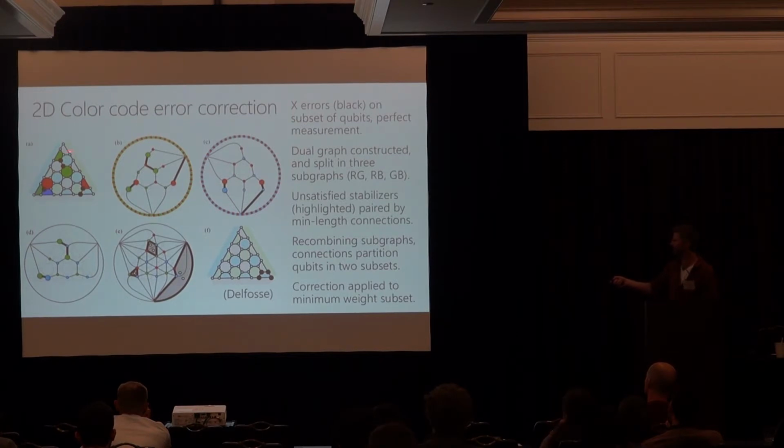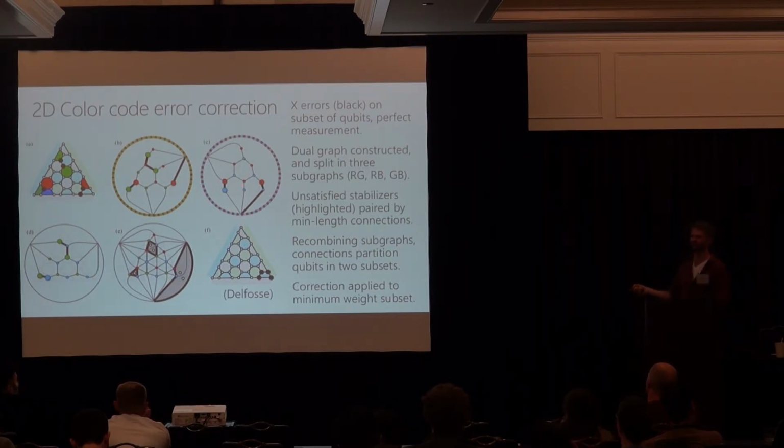So, okay, I'm lucky because Alex described the 2D noise-free decoder, so I'll very quickly just show pictures and say what's going on here. In this case, we start with a 2D color code, and we imagine these black dots are physical X-type errors, and the brighter colored faces are violated stabilizers. And then, as Alex described, Nicolas Delfosse's decoder is basically to split into 3 subgraphs, where each subgraph excludes one of the 3 color faces.